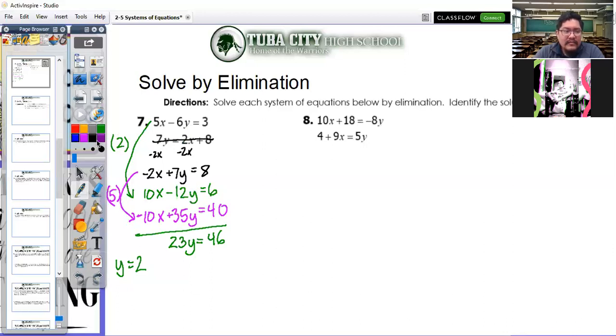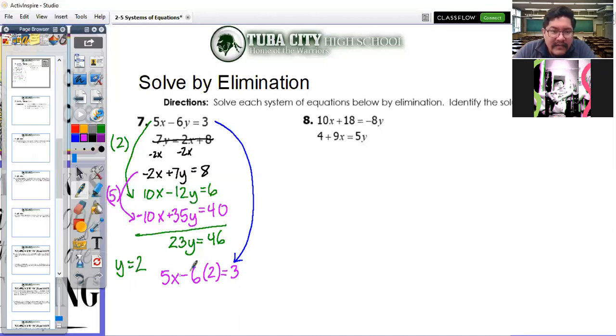I don't know which one is better, but I'm probably going to use the top one. I could even use this original one here, but I don't think that's going to work very well because in this case x is going to be in the middle. I'd rather pick something where it's easy to solve for x. So 5x minus 6y, but we know y is 2 because we just got that.